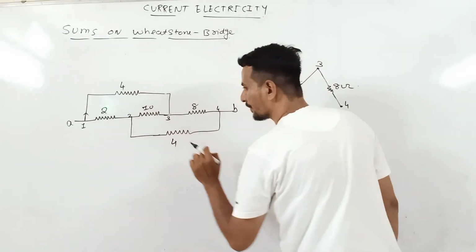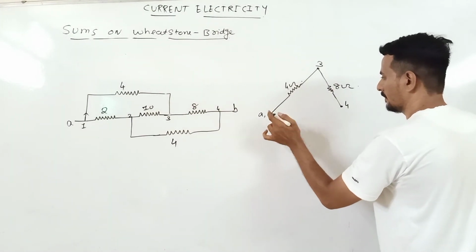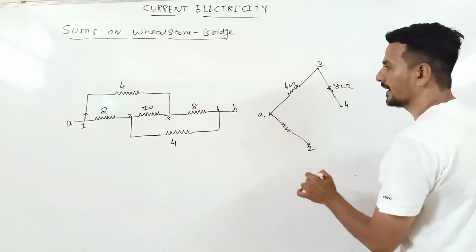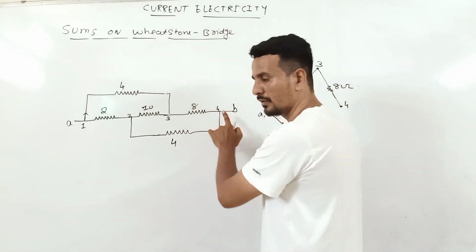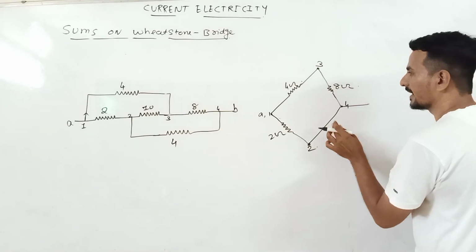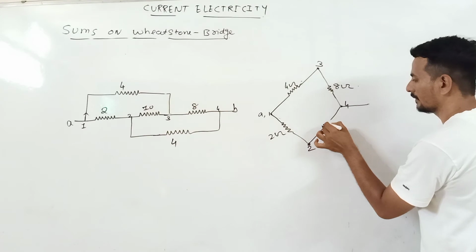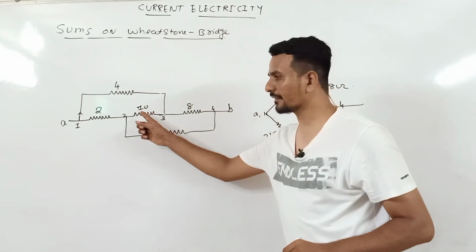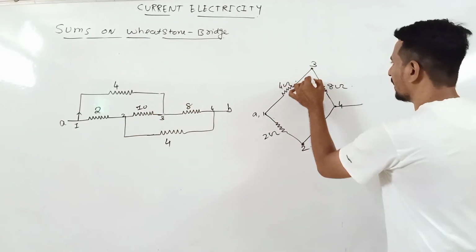And there is a 2 ohm resistance. From 2 we can move to point 4, and there is a 4 ohm resistance. Right? Now there is a resistance of 10 ohm between 2 and 3. This is point 2, this is point 3.